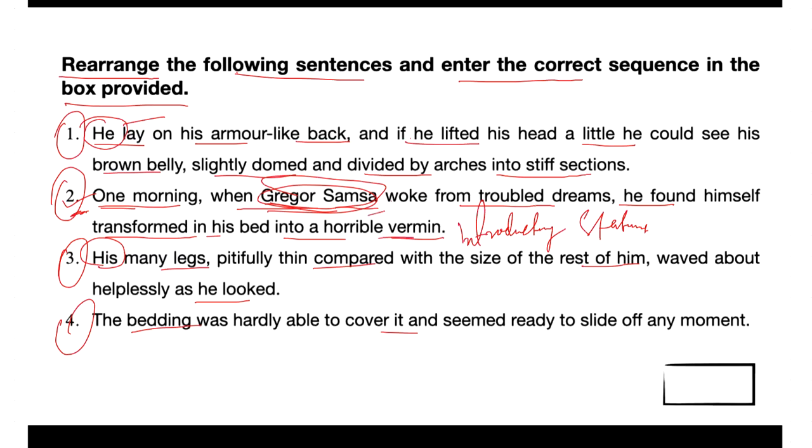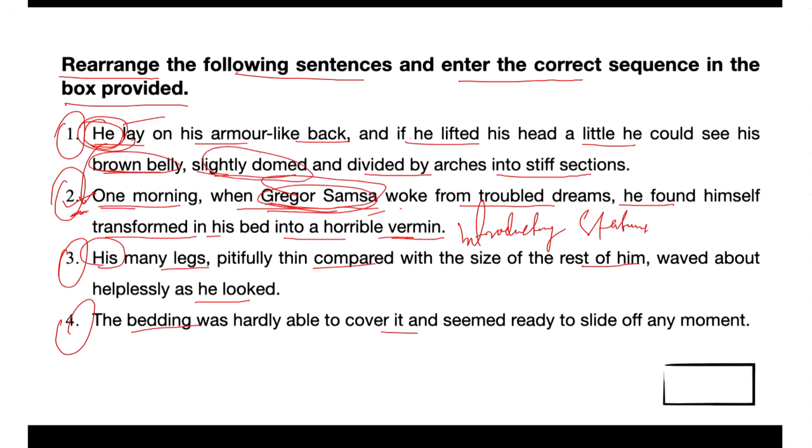In that case, sentence one logically follows sentence two, right? As it describes Gregor's initial reaction upon waking up transformed, it provides details about the physical state and surroundings, like the brown belly, slightly domed and divided by arcs into steep sections.